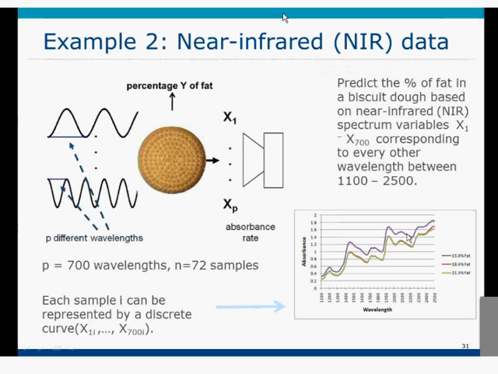And so we could see the values obtained on each of these 700 predictors for that biscuit. For another biscuit, we have a different set of values. We can look at the standard deviation across all 72 samples.